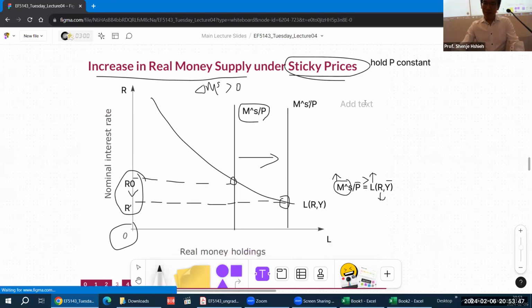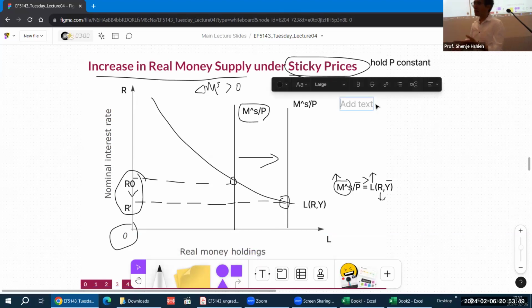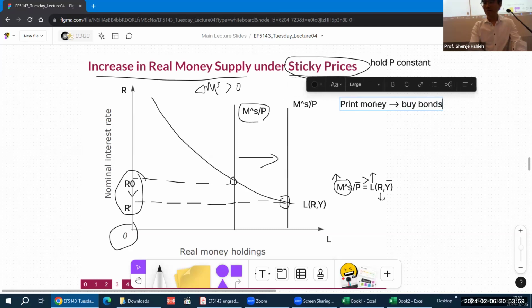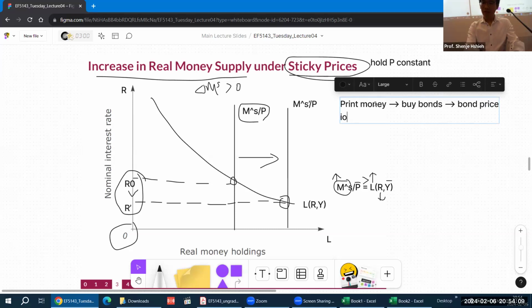Intuition, economic intuition. What does an increase in real money supply mean? It means they are printing money to buy something. To buy what? To buy bonds, right? That's usually what open market operations involves. You buy bonds. When you buy something, bond price increases. And we know there's a mechanical relationship between bond prices and bond yields.